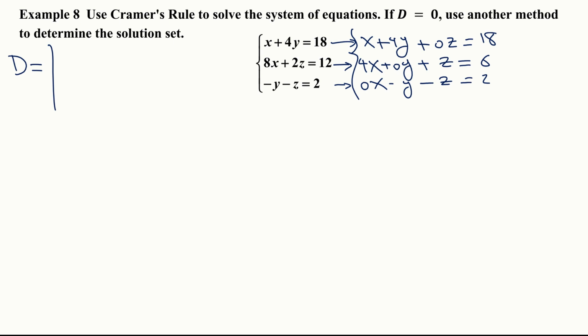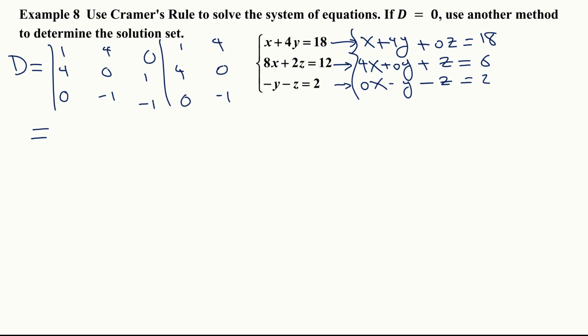Okay, so 1, 4, 0. 4, 0, negative 1. And 0, 1, negative 1. All right, so we'll repeat the first two columns, 1, 4, 0, and then 4, 0, negative 1.